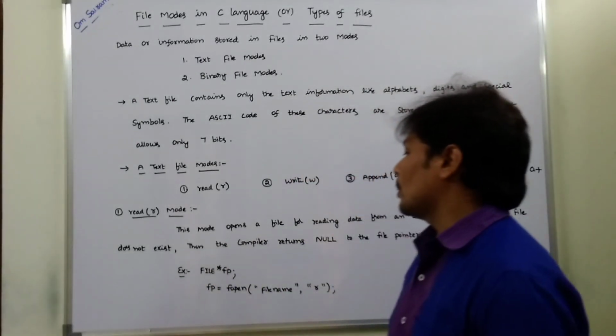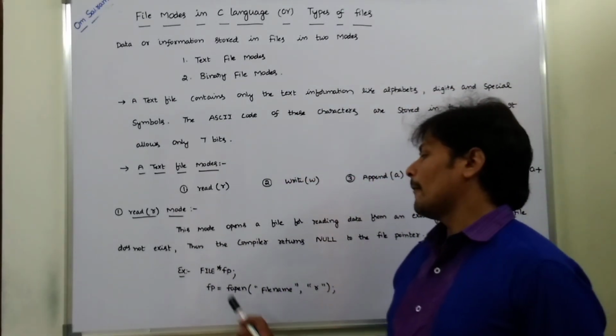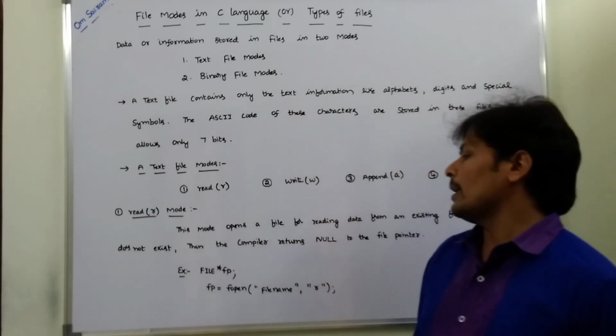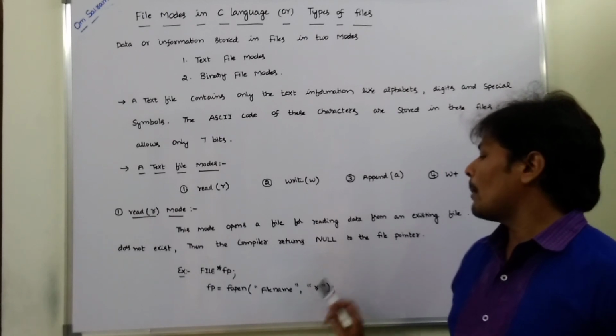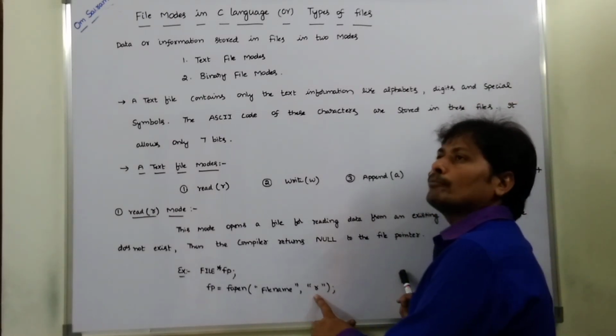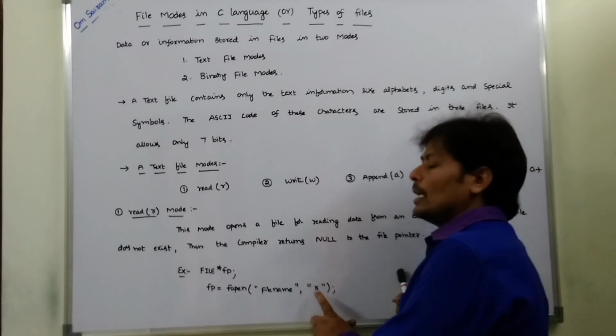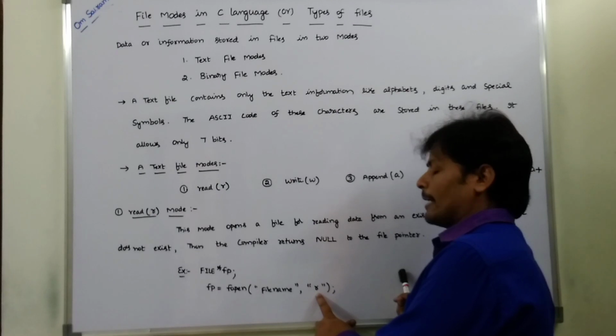This is the syntax for read mode in text files: file pointer fp is equal to fopen, file name, comma, mode. Here this is R mode. R mode is nothing but read mode. This mode is used for reading the data from the existing file.